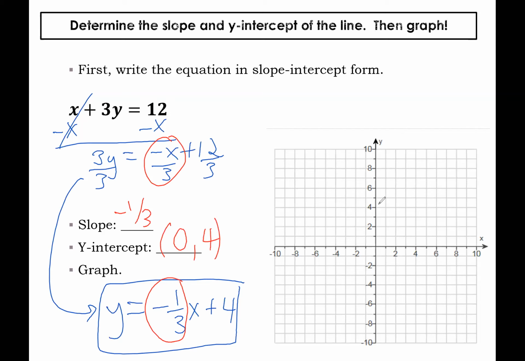So let's start at 0, 4 on the y-axis. And we're going to use our slope to count down 1 over 3. And we'll just keep doing that, down 1 over 3, down 1 over 3, and I'm out of room here, but I do want you to know, remember we found intercepts earlier?